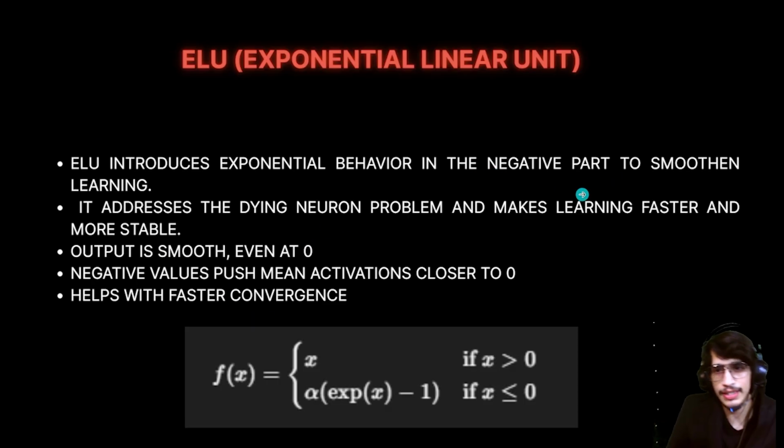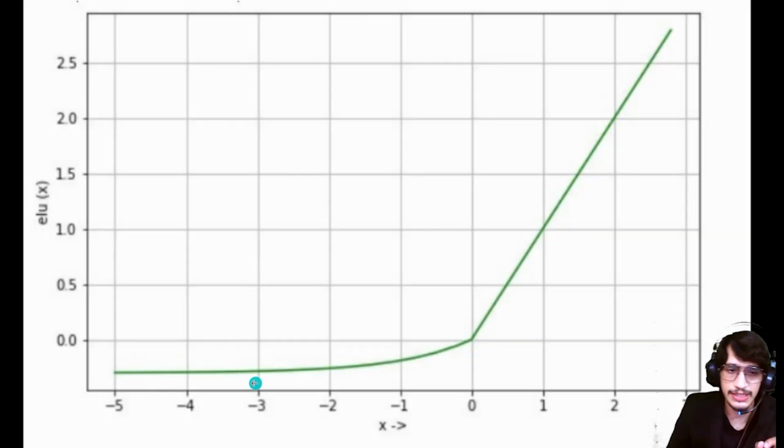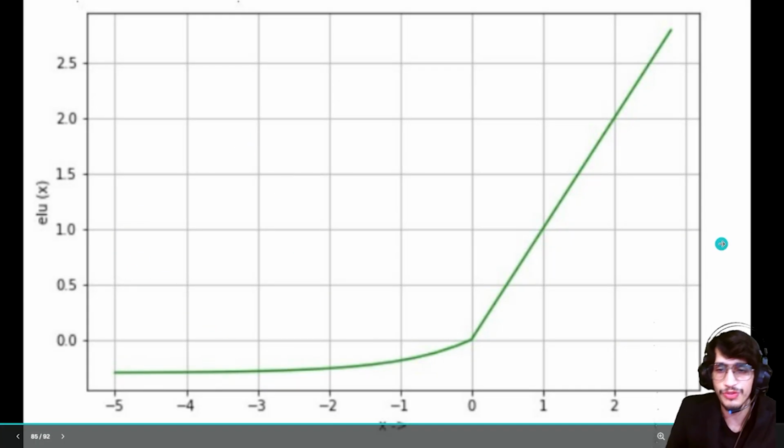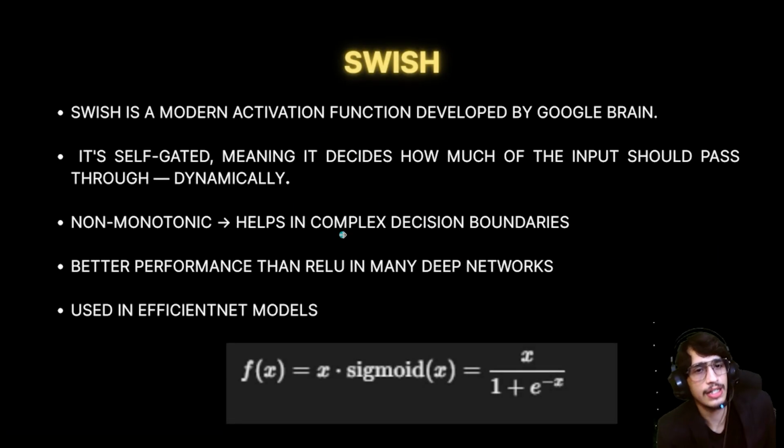There are some points: it smooths the learning and it addresses the dying neuron problem, which I have already explained. It also helps convergence, which means it helps reduce the loss function faster.